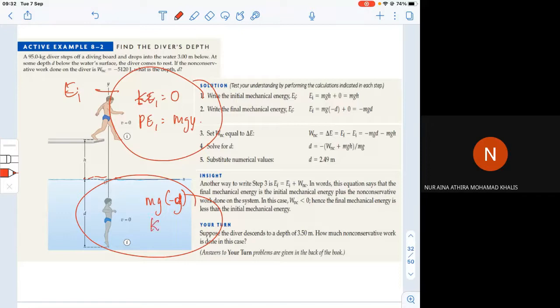So KE final is also zero. So by considering that, we can say that the non-conservative work, with the unit joule, because energy and work are related, you need to calculate E final minus E initial. The E final minus E initial, so you will get mgd.